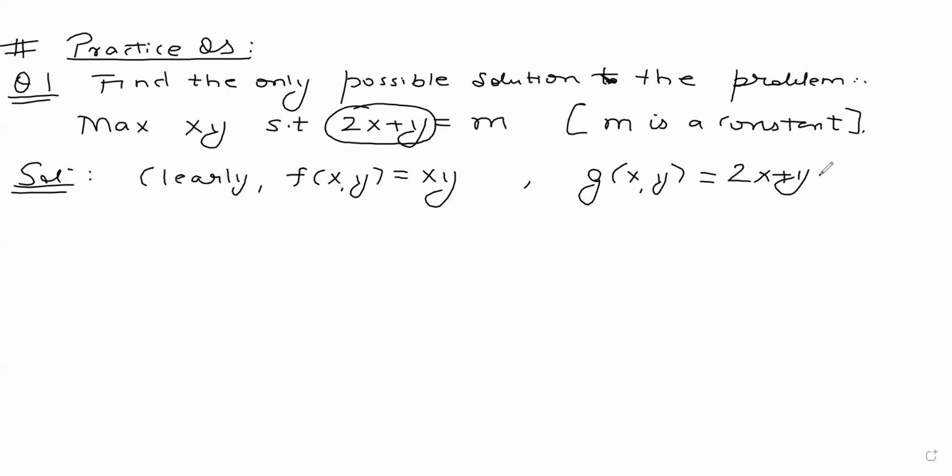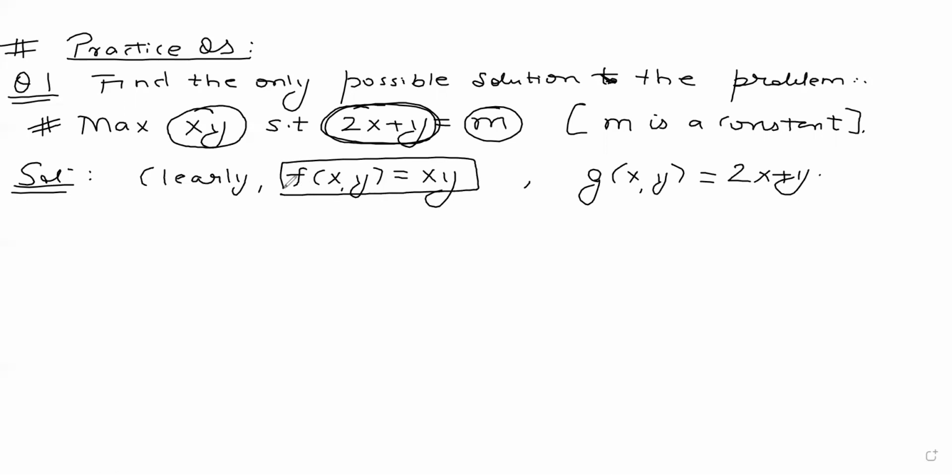If you compare the given problem with the general optimization problem, maximize f of x, y subject to g of x, y equal to c, clearly f of x, y is x into y, and g of x, y is 2x plus y.